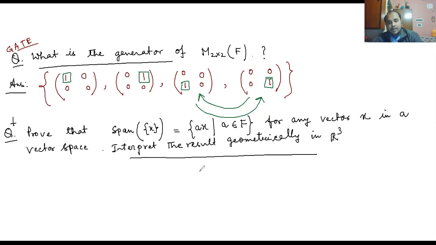If you want to prove it, the dagger of the problem actually signifies, as I told you in the previous example a few minutes ago in the previous session, that this particular result is very important. Do not treat this as a problem, treat this as a result. This result has been used somewhere in the later chapters.